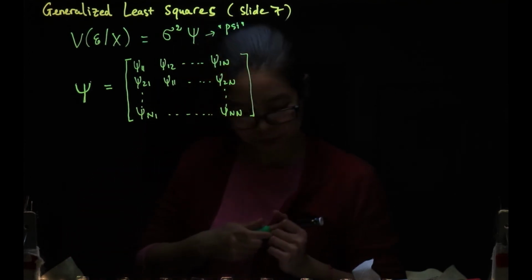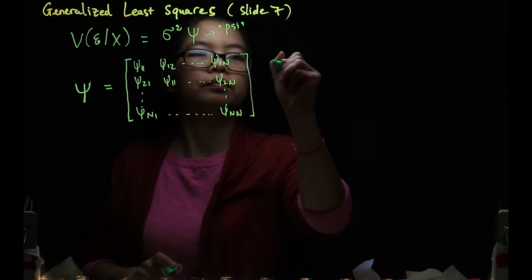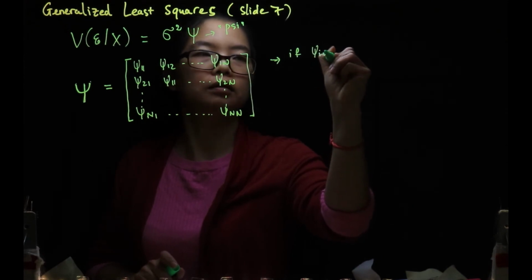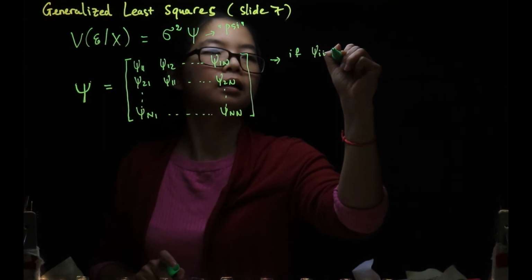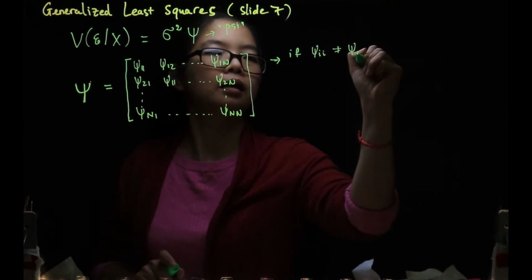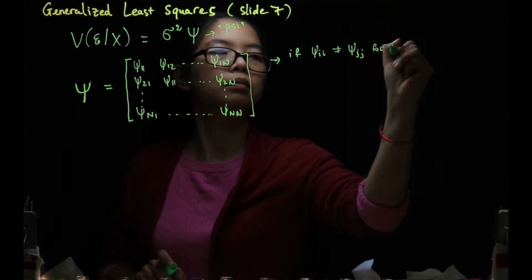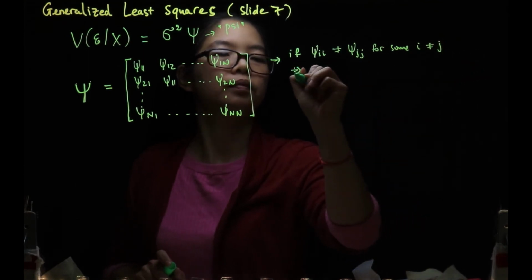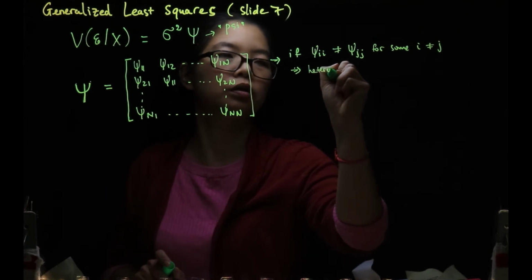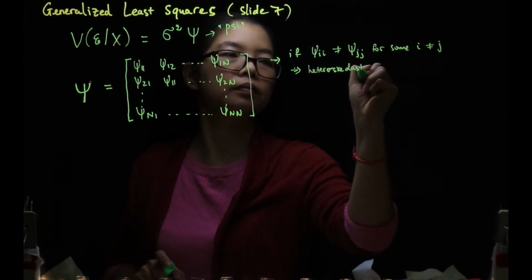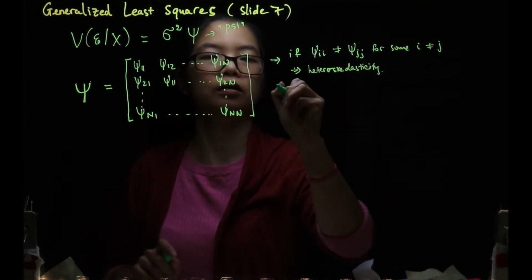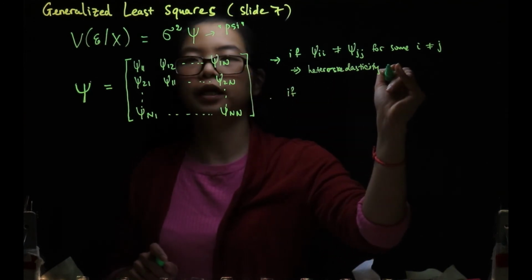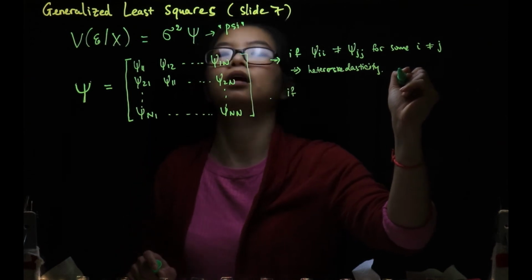Now, if we have psi ii different from psi jj for some i different from j, then we have heteroscedasticity, similar to the covariance matrix I showed before. The variances are different for different observations.